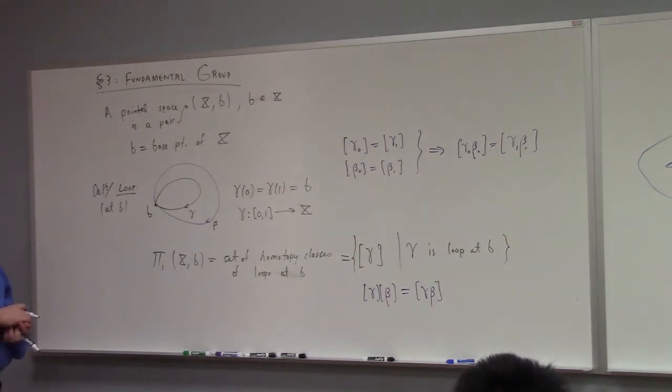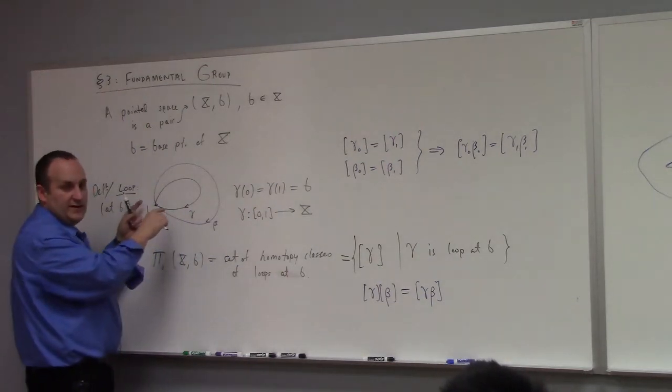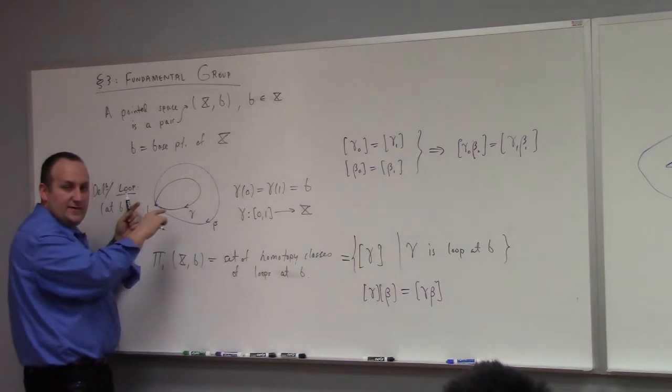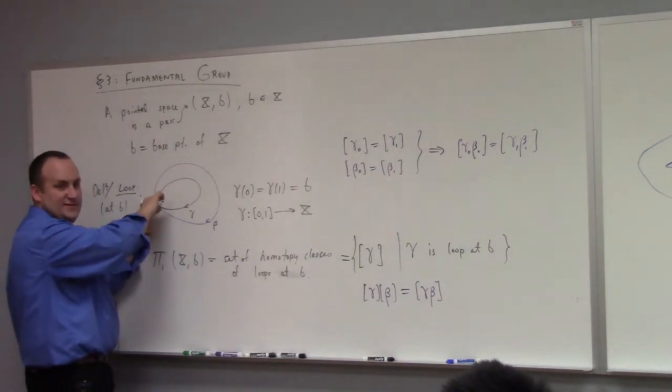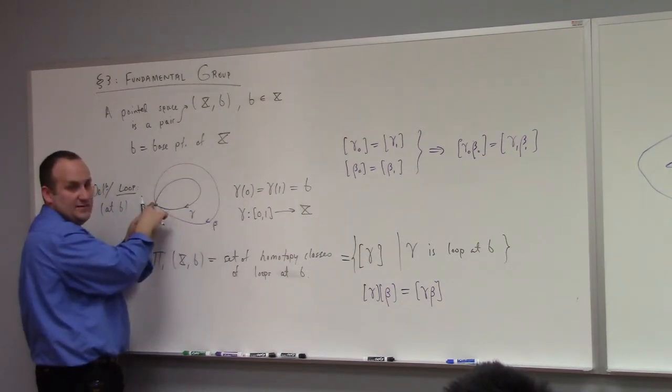There's a little bit more here to think about. Before we had to fix endpoints, now we have to take loops to loops. But if you think about it, if we compose a loop with a loop, we still get a loop. So we go here, and then back.